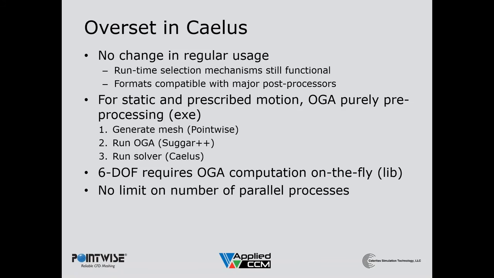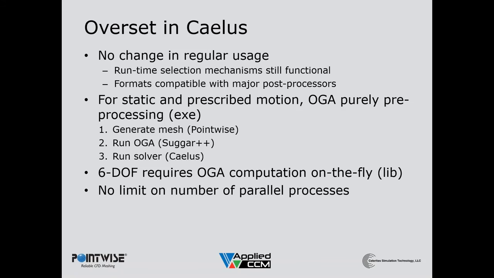And then 6DOF requires the overset grid assembly on the fly, so the solver will be linked directly with Suggar. Now, before I pass things over to Travis to talk about his mesh demonstration, I really want to emphasize one of the major reasons I think the commercial world and industry are looking at OpenFOAM as a serious way to do their simulation: there's no limit on the number of parallel processes.